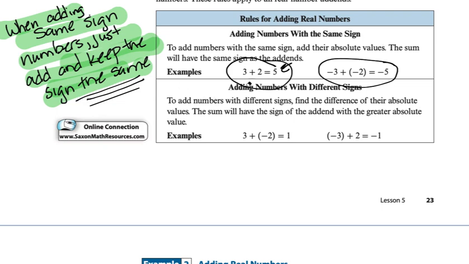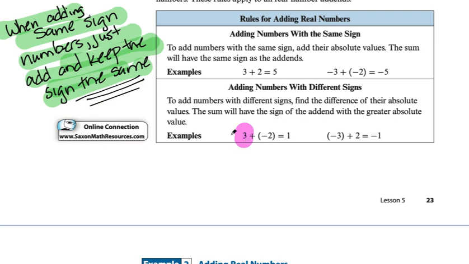Now if we look at this next one, if we're adding numbers with different signs, we are going to subtract the two numbers, and your answer is going to take the sign of the number with the greatest absolute value. Sometimes we just say the bigger looking number. So for instance, if you're looking at this problem here, 3 plus a -2, since 3 looks bigger, it's the number that's furthest from 0.